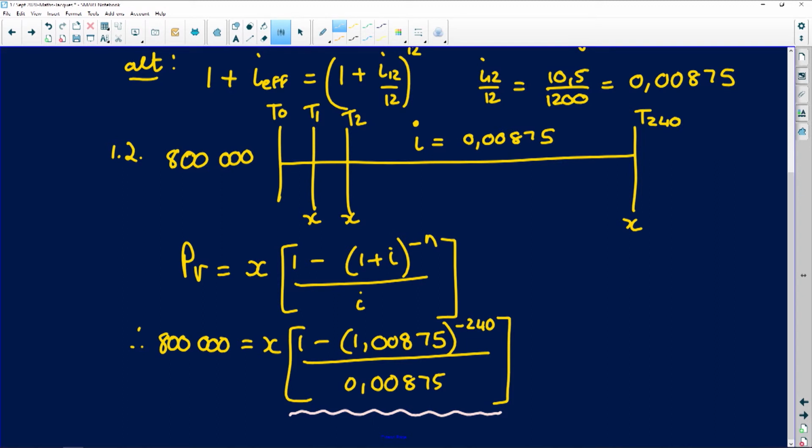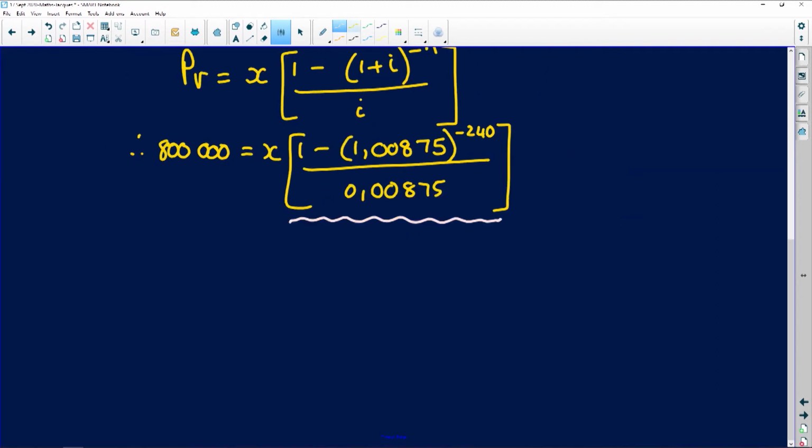Whichever way you want to use, you're going to put this into your calculator and you are going to get a beautiful answer of 7,987 Rand and 4 cents. So this is now what this loan of 800,000 would have cost you at that interest rate for 20 years.